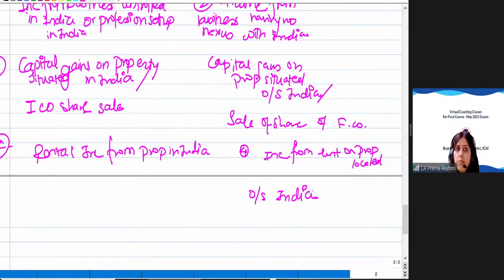Clear? So this is how you would determine what incomes will be included and what incomes will be excluded from the total income. And if your total income exceeds 15 lakh, then you have to check the income exceeds 15 lakh for exception 2 as well as exception 3, right?